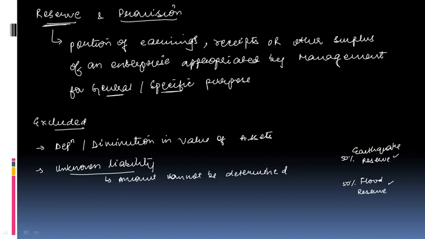So, there are general, there are specific, there are revenue, there are capital reserves, there are a lot of kinds of reserves which are available. Right? So, talking about general and specific reserves, first of all, we do have general reserve, and we do have specific reserve.